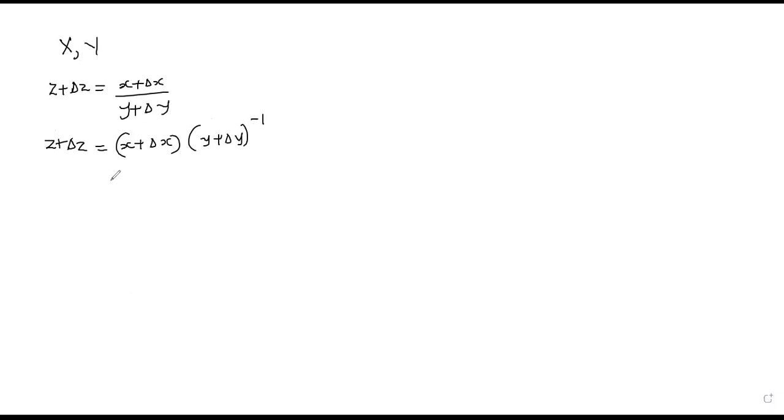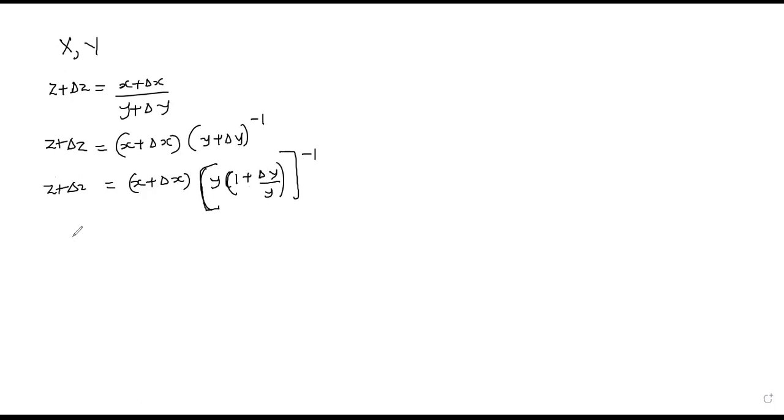Right, so this is the same as z plus delta z equaling x plus delta x, then times, for this one, we can factorize out y, so it will be y into 1 plus delta y over y, then everything to the power -1.